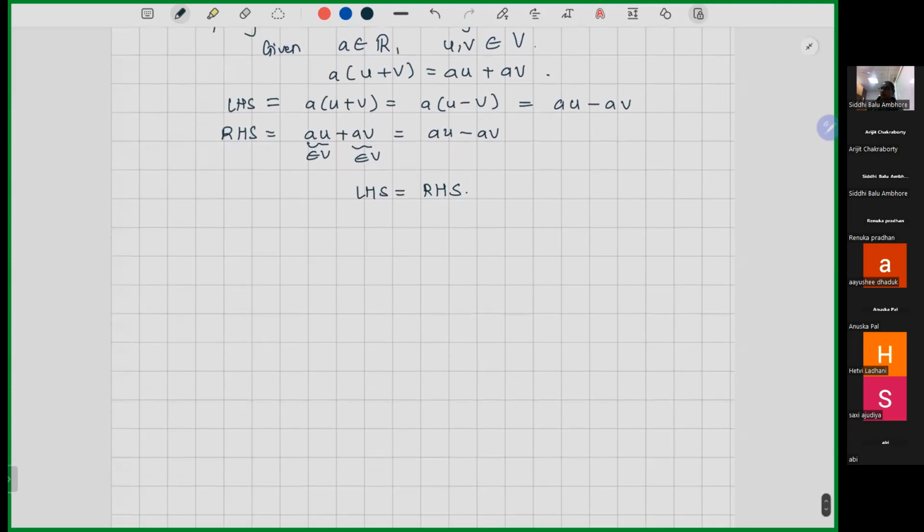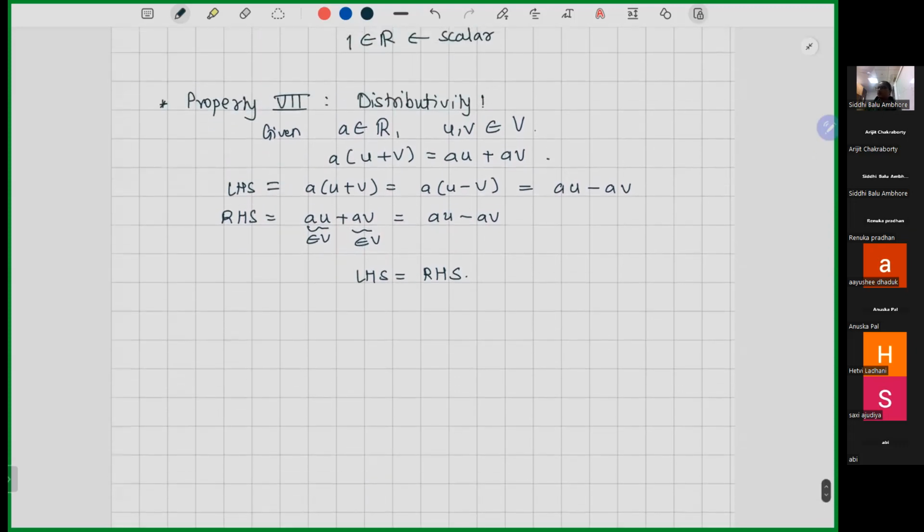And now the last property which we would like to check is whether a scalar multiplication is linear or not. The multiplication we have defined is linear or not. That's what we would like to check.